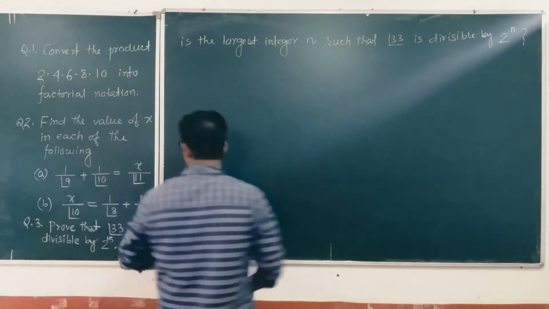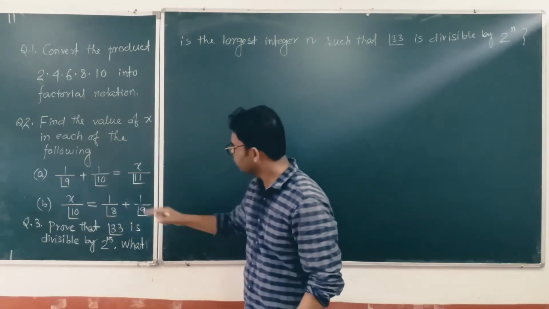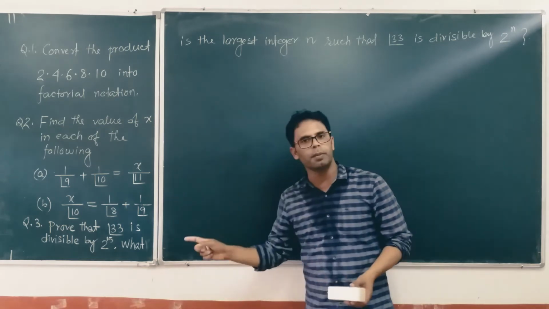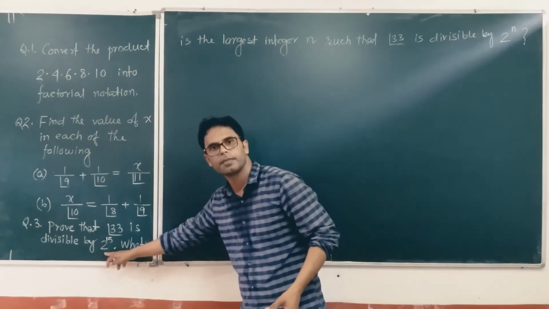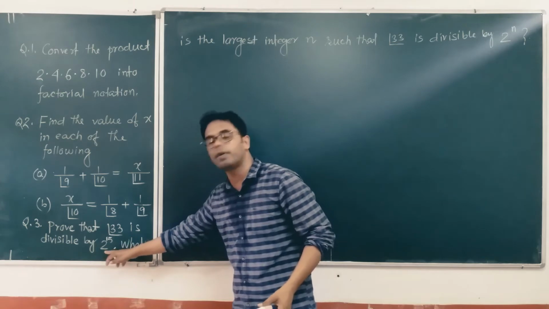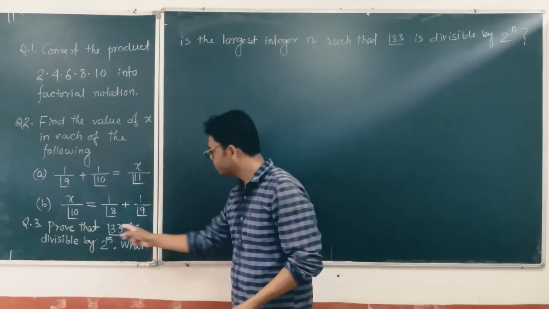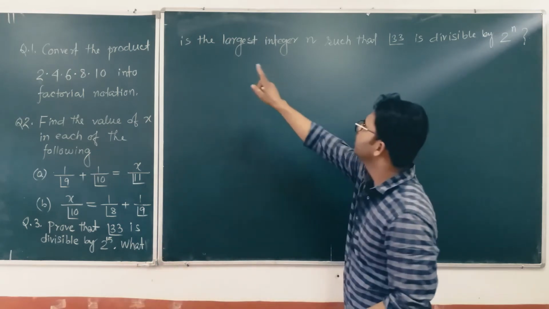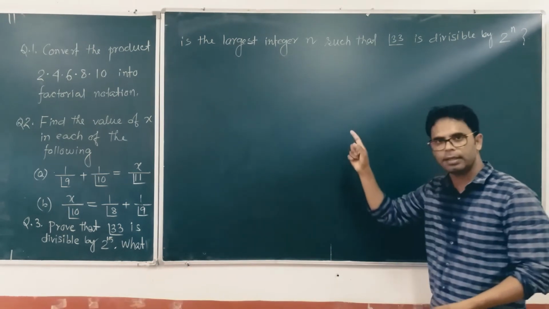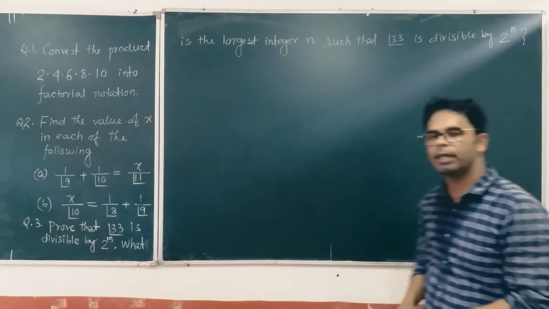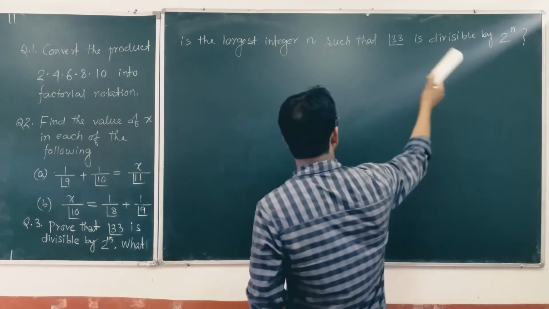Then you see the question number 3. This question is interesting. Prove that factorial 33 is divisible by 2 to the power 15. And the next question: what is the largest integer n such that factorial 33 is divisible by 2 to the power n?